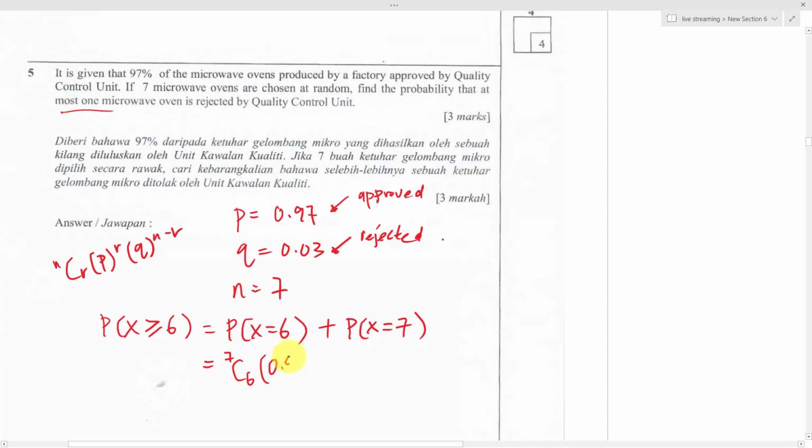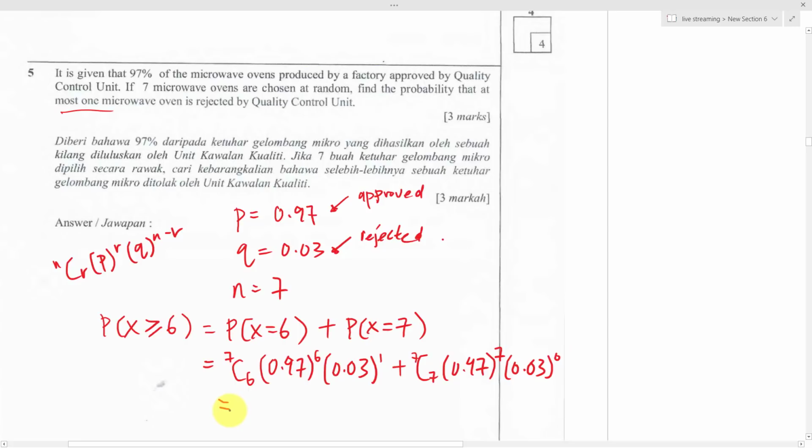7C6, 0.97 power of 6, and then 0.03 power of 1, plus this one is 7C7, 0.97 power of 7, and 0.03 power of 0.